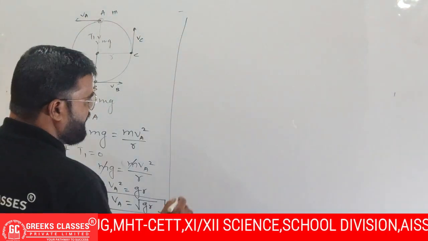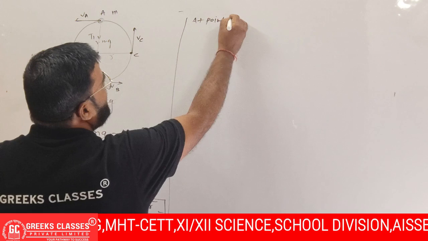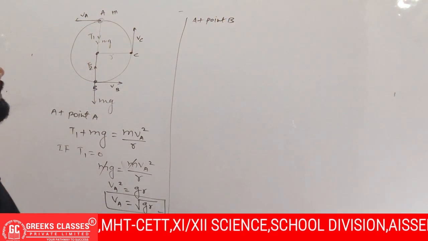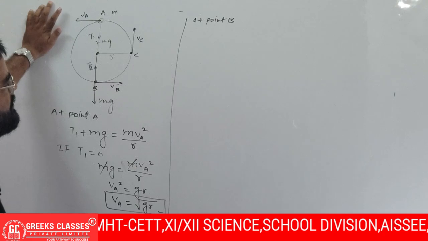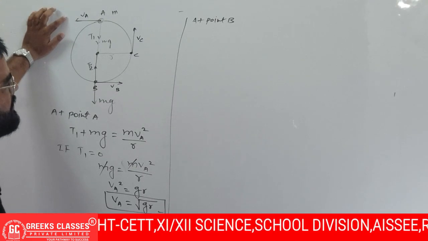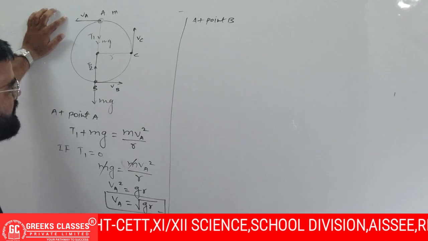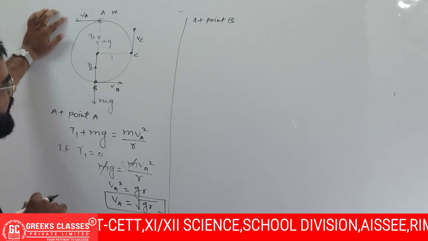Now at point B, we can apply the energy conservation law. So what does the energy conservation law say? That energy cannot be created and cannot be destroyed, it can only transform from one form to another form.